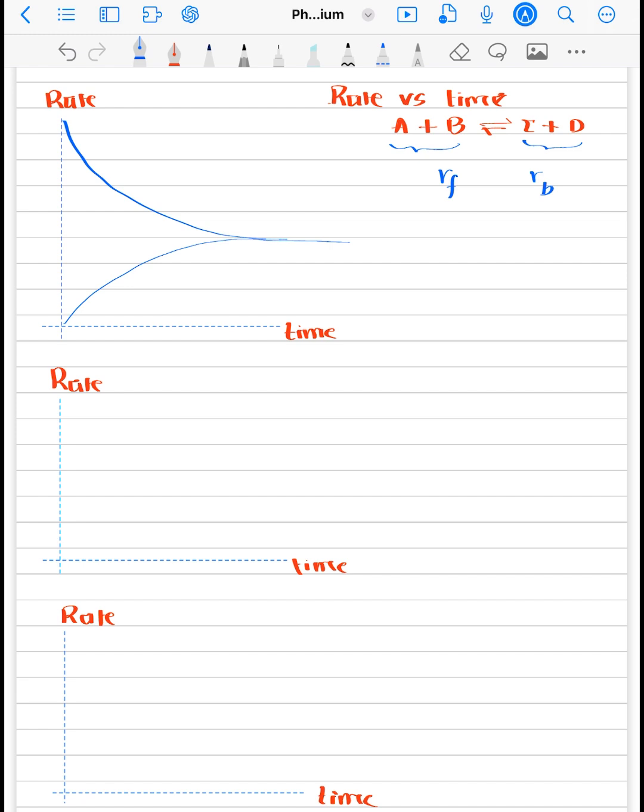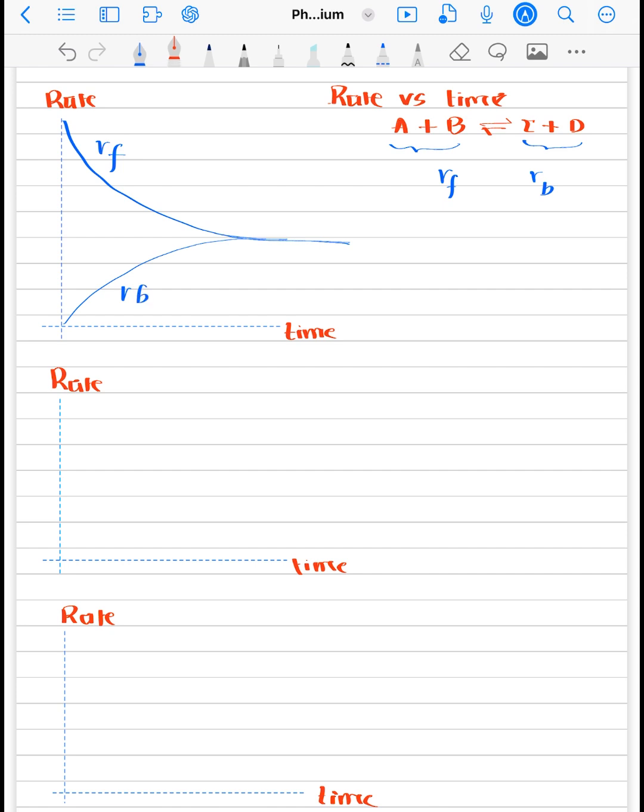Now what this says is that the top one gives us the rate of the forward reaction. That means as time passes by, the rate of forward reaction goes on decreasing, and as time passes by, the rate of backward reaction goes on increasing.